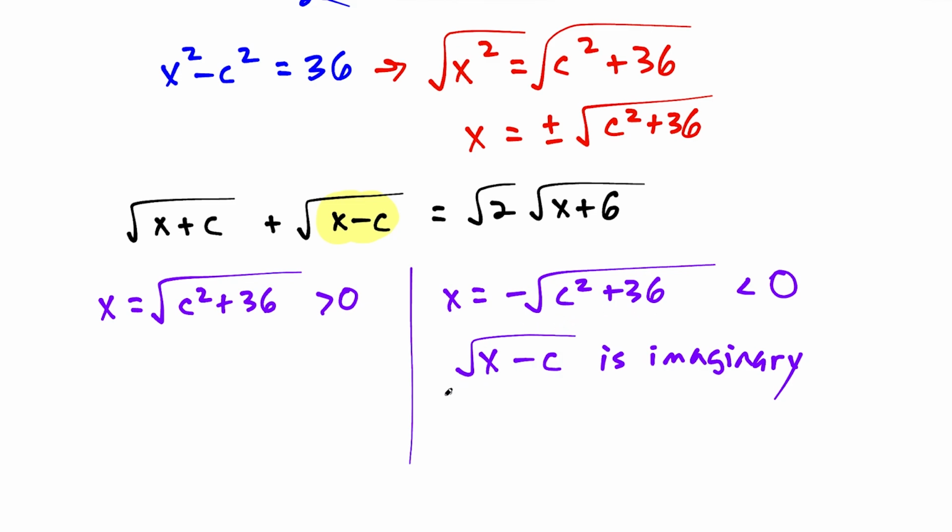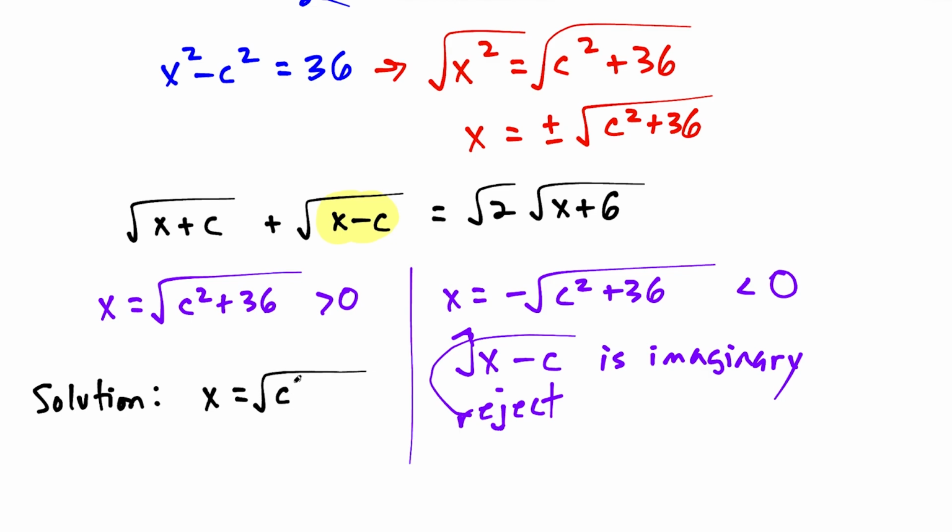So that means we are going to reject this root over here. But if we look at the other one, if we plugged in x equals the square root of c squared plus 36, this would give us something positive all the way across for all of these radicals. So this tells us that our only solution is x equals the square root of c squared plus 36.